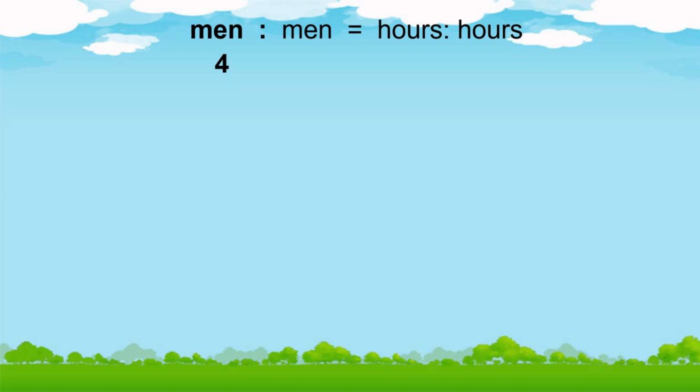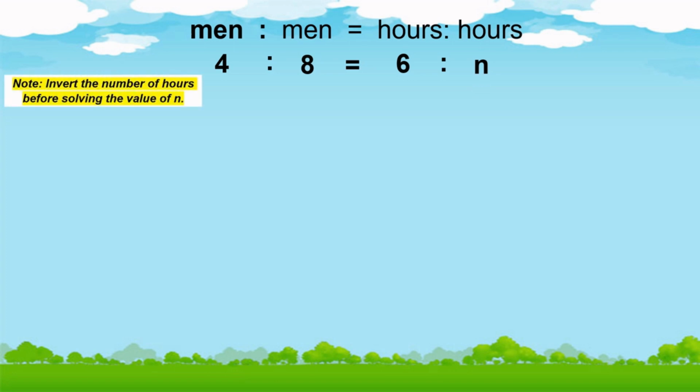The first ratio we have 4 men is to 8 men. And the second ratio we have 6 hours is to n, the unknown term. So take note that you have to invert the number of hours before solving the value of n. So you will get the reciprocal of the ratio of hours.